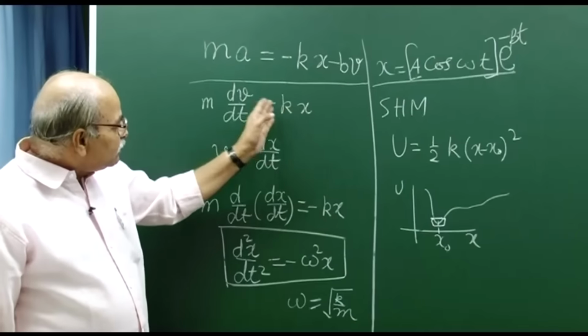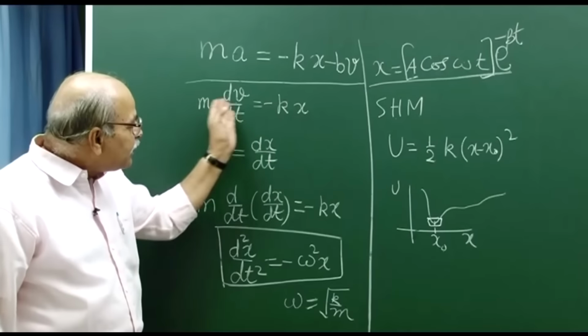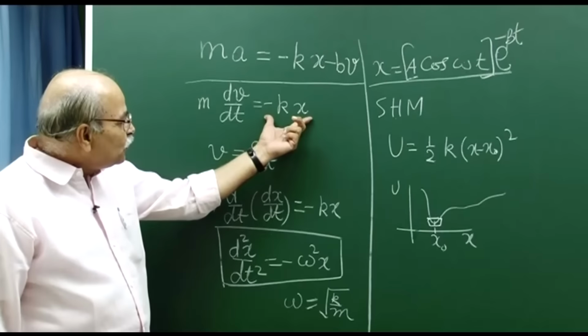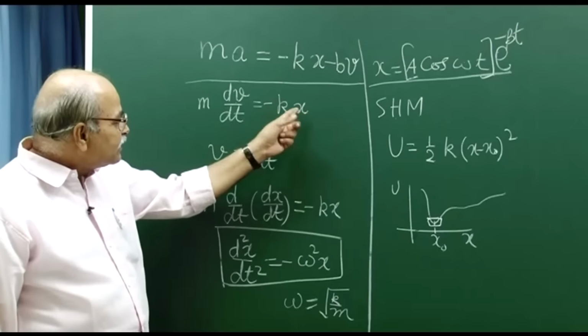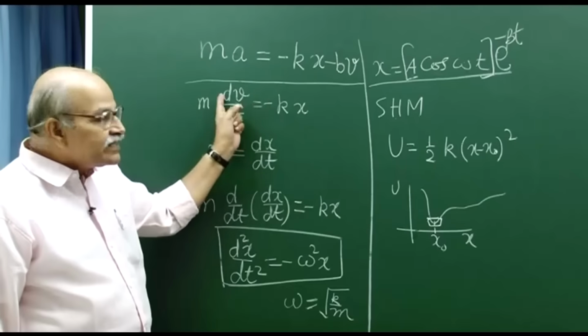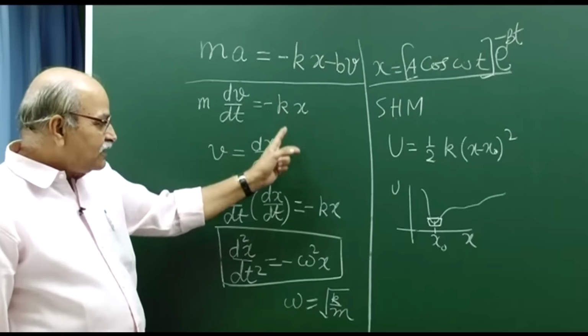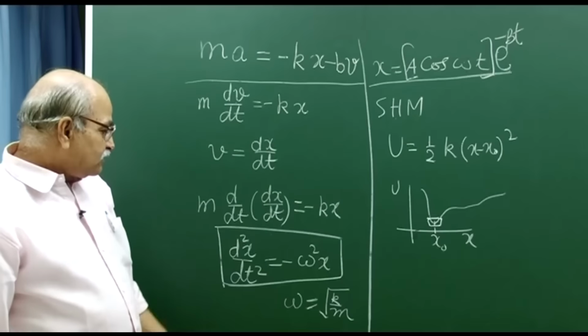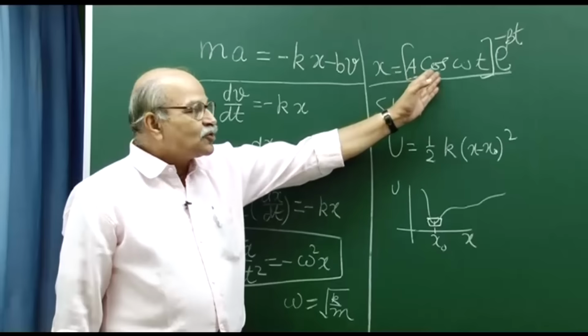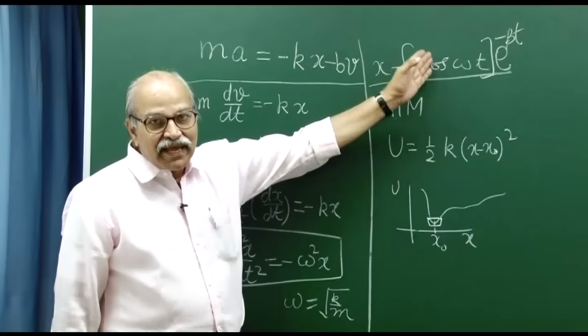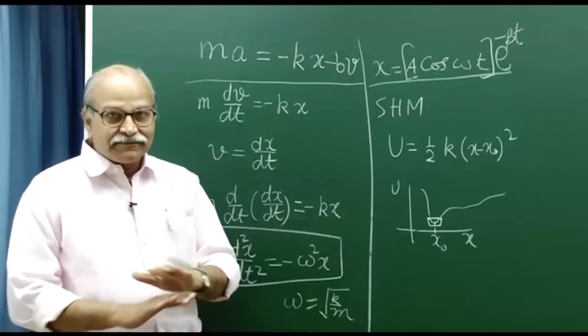If there is no damping or any other force, and it is only this restoring force which is driving the system in oscillations, then you have something like x equal to a cos omega t, constant magnitude oscillations, right.